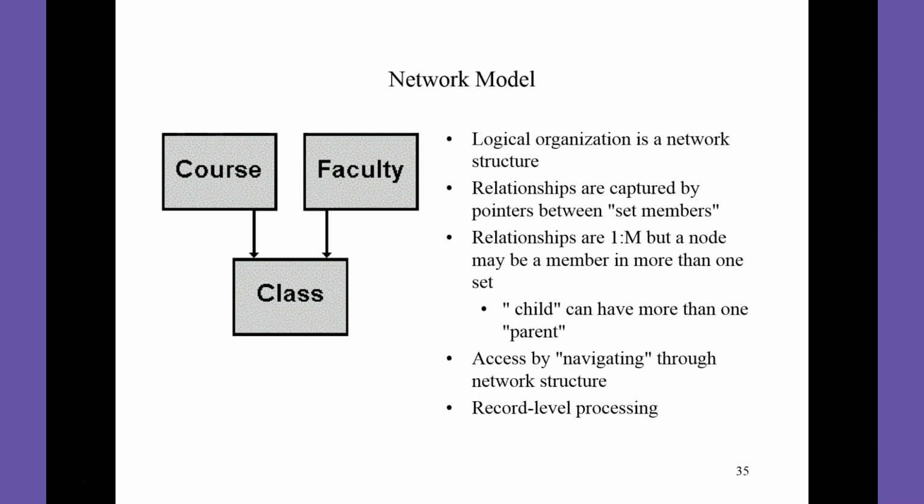Hence, a child could have more than one parent, as depicted in our diagram here, by being a member in two different sets. Access is again accomplished by navigating through the structure, again following pointers, and the result is record-level processing.